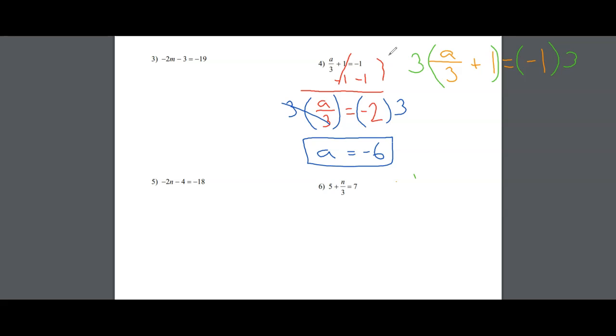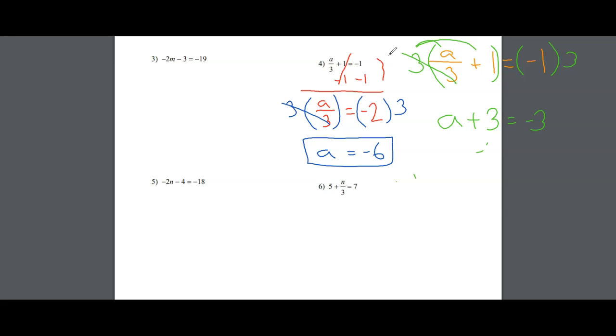So this 3 gets distributed to both terms. For the first term, we just get a. For the second term, we get 3 though, because 3 times 1 is 3. So you have to distribute that 3 not only to the a over 3, but to the 1 as well.